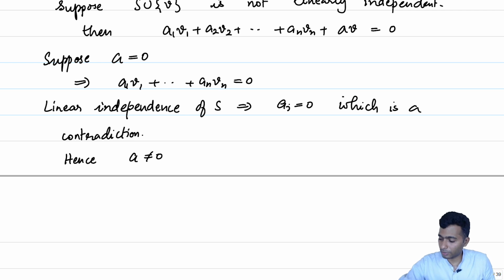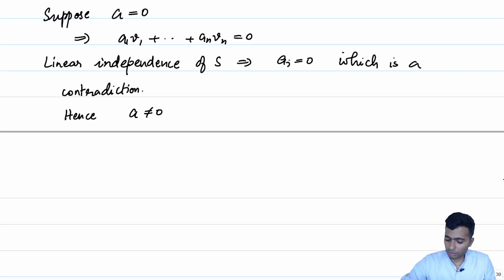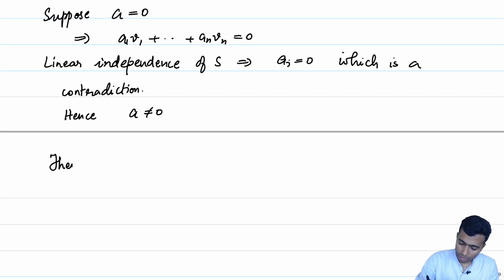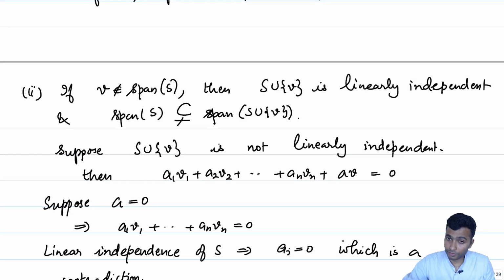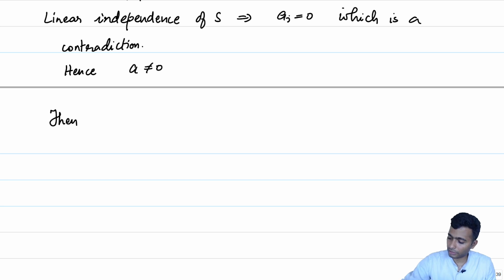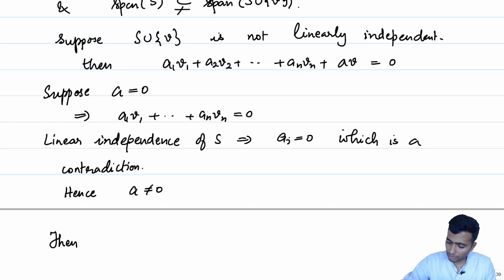But if a is not equal to 0, then again what is our assumption? V is not in span of S, right. Then let us just rewrite this equation star.